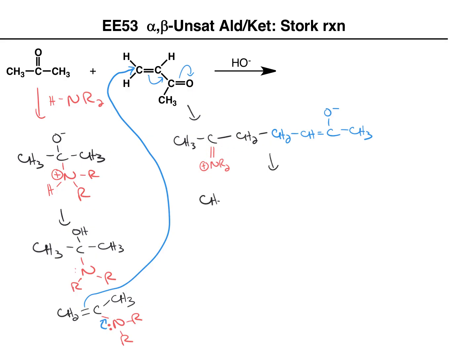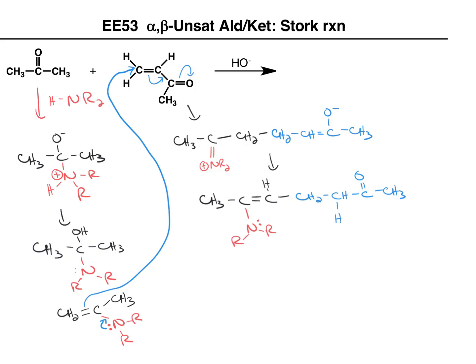So we get this double bonded to this carbon, which is connected to the CH2, CH, now connected to another hydrogen, C double bond O, CH3, and I forgot one hydrogen here, and then here we are connected to the NR2. This was the alpha beta unsaturated ketone, and this was the enamine, and now we have a new enamine.